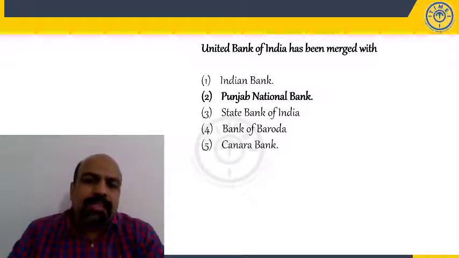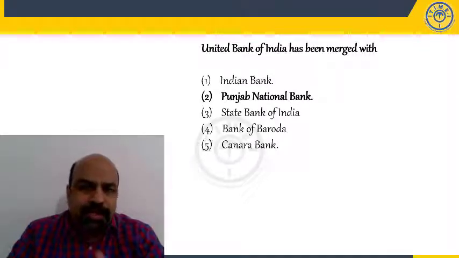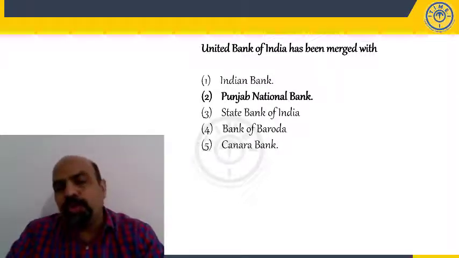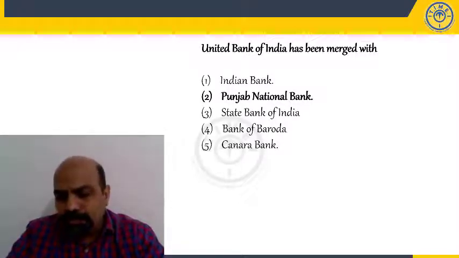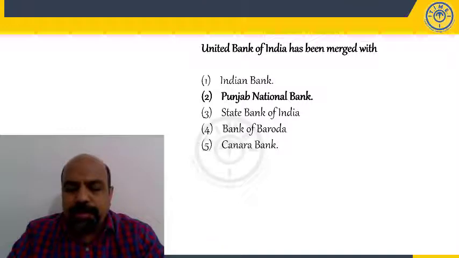Punjab National Bank has two that merged into it. One is United Bank of India, which is in the question, and the second one is Oriental Bank of Commerce. Now, there is one more bank which is not mentioned here.